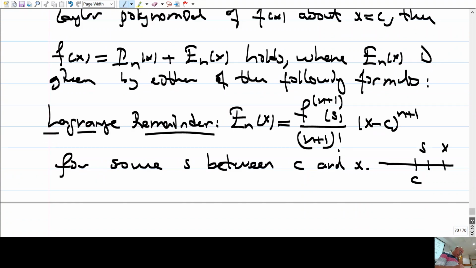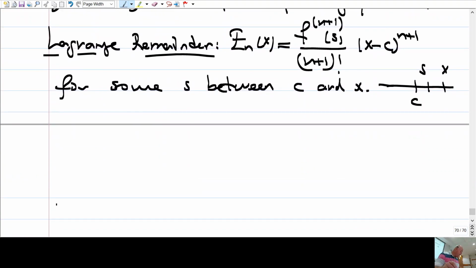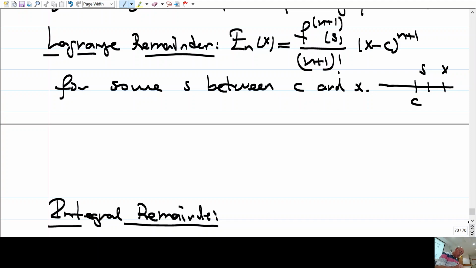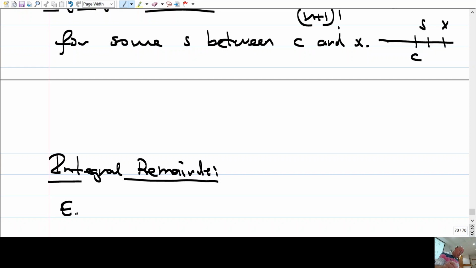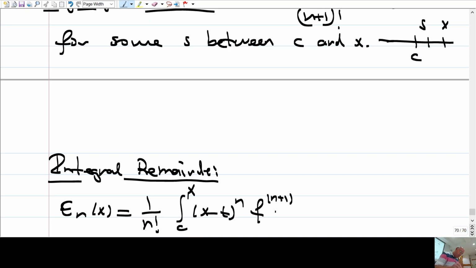Okay. There is another formula for this. That is called the integral remainder. So the same thing is also equal to the following. En of x is 1 over n factorial times the integral from c to x of x minus t to the power n times the n plus first derivative of f at t, dt.